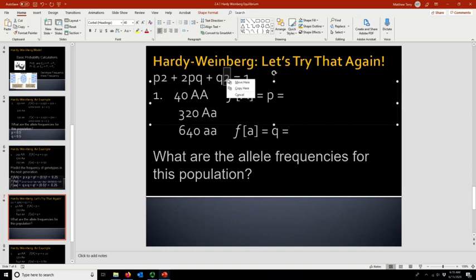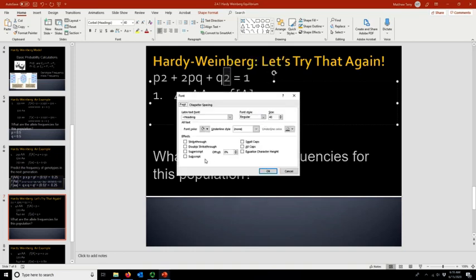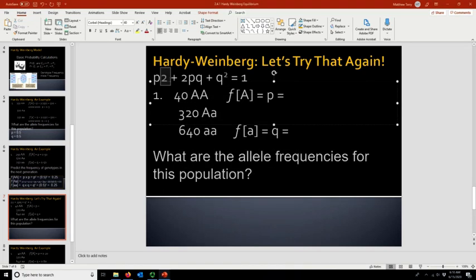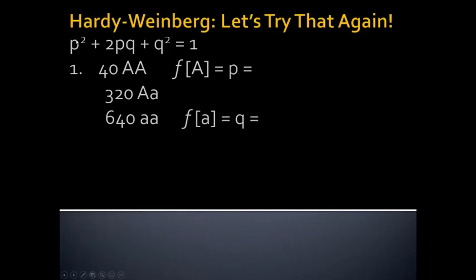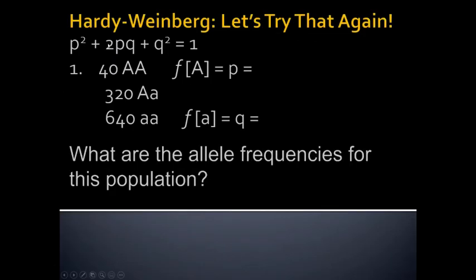And that is the Hardy-Weinberg equilibrium. So superscript, I'll get here so it'll look nice and pretty. Let's see if it will let me repeat. There we go. Okay. So that is our Hardy-Weinberg equilibrium. P squared plus 2PQ plus Q squared equals 1.